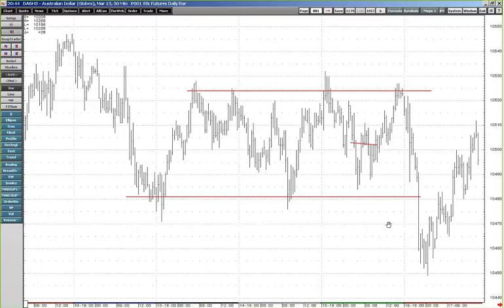And that's why you'll see different locations of this high volume node. It's not always this nice, neat thing centered perfectly between the high and the low. It's skewed from time to time to the upside here, to the downside here, etc.